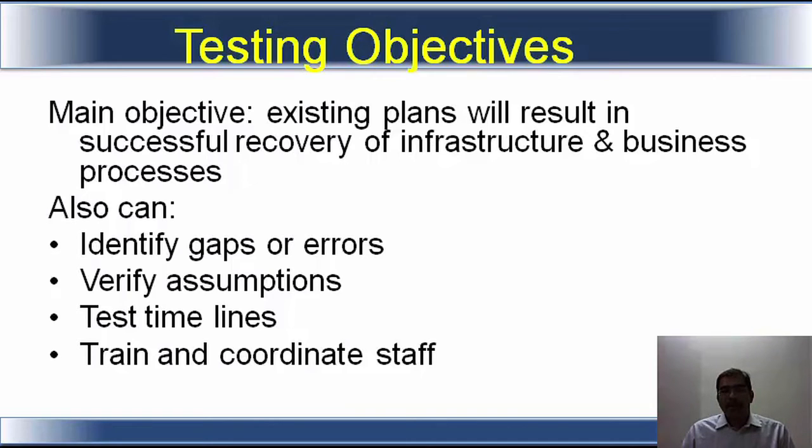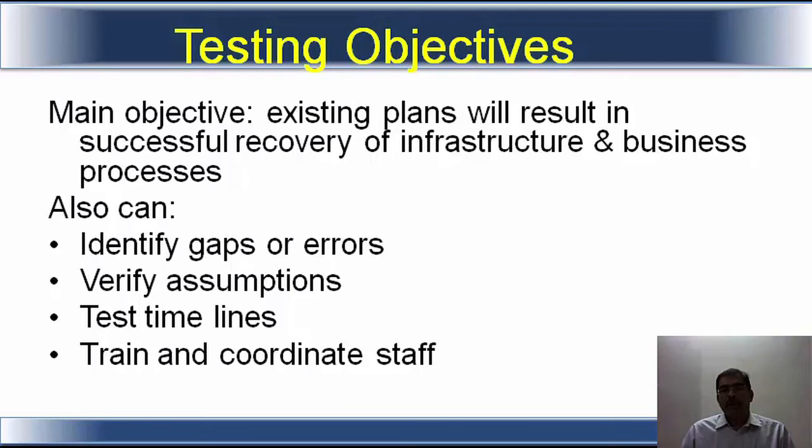Then you verify assumptions. After detailed discussion, assumptions are made and the plan is written in such a way, so you will come to know if the assumptions have been right or wrong. Then test timelines. Now you have mentioned an RTO of 4 minutes, an RTO of another 2 hours, for example. So you actually get to test the timelines, whether it falls within that range.